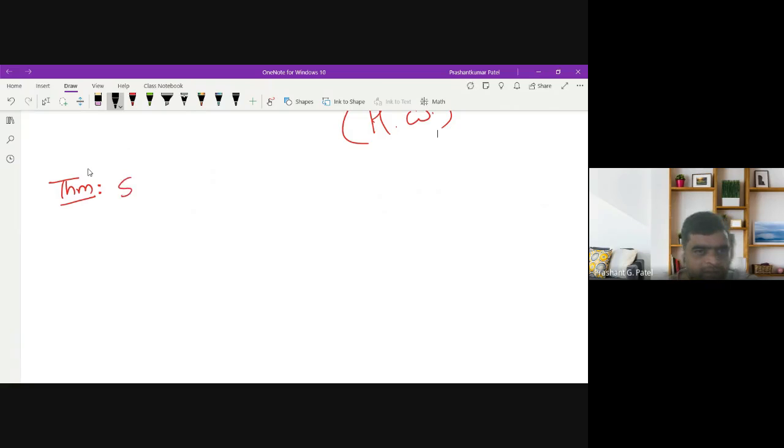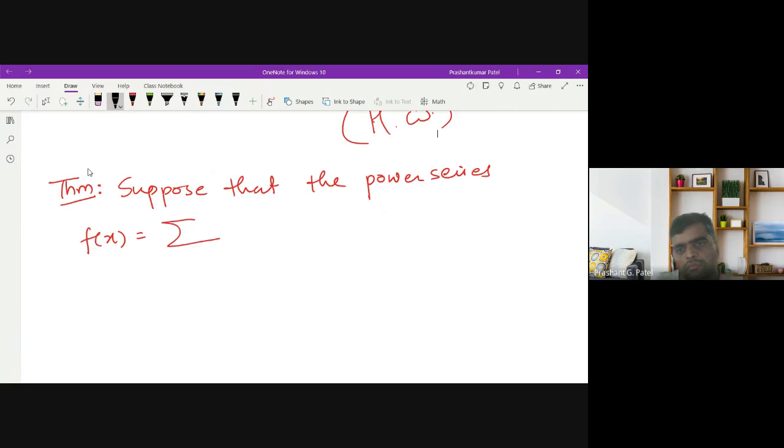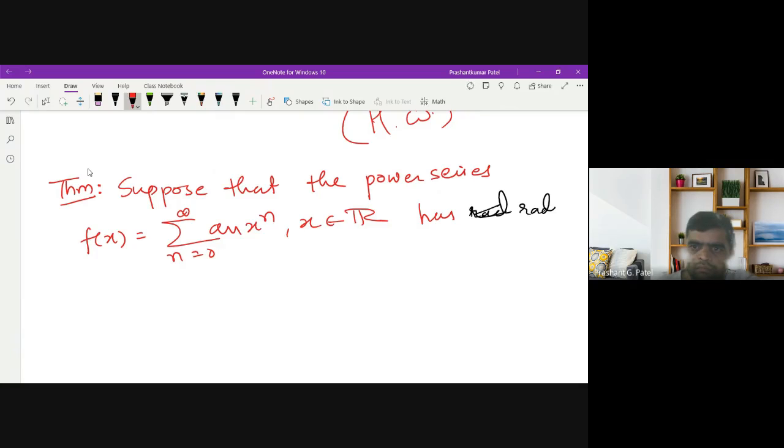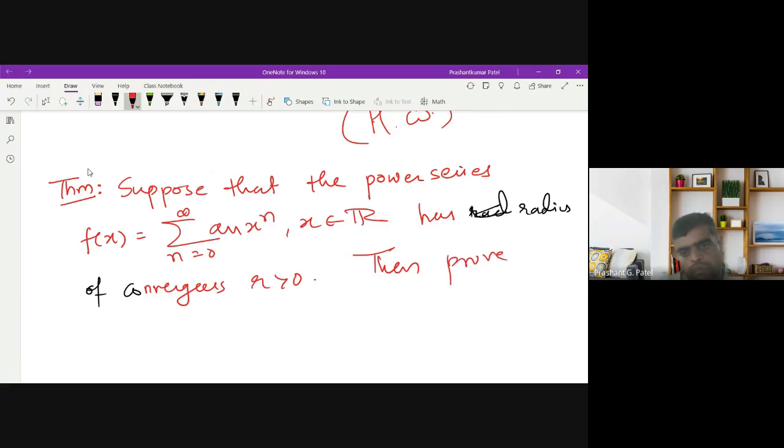The statement is this: suppose that the power series f(x) equal to summation n running from 0 to infinity a_n x raised to n, as x belongs to R, has radius of convergence R greater than 0. Then prove the following.